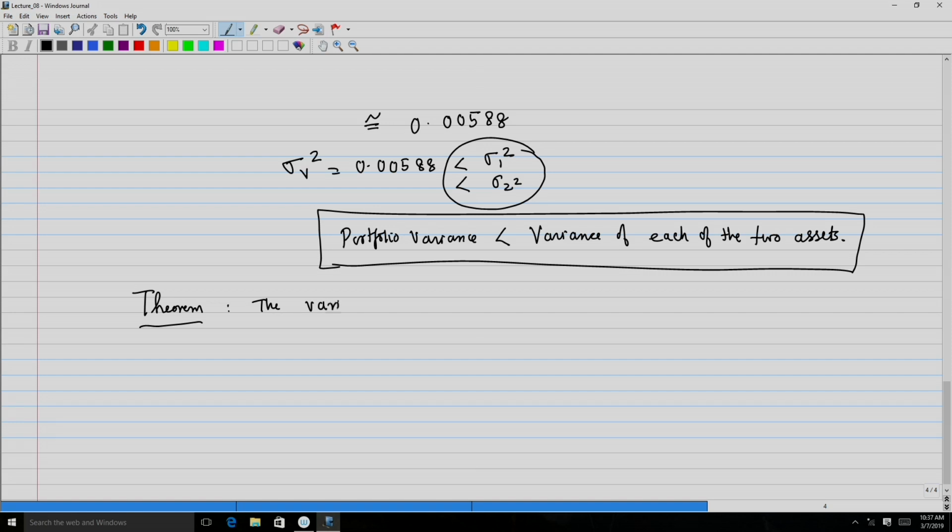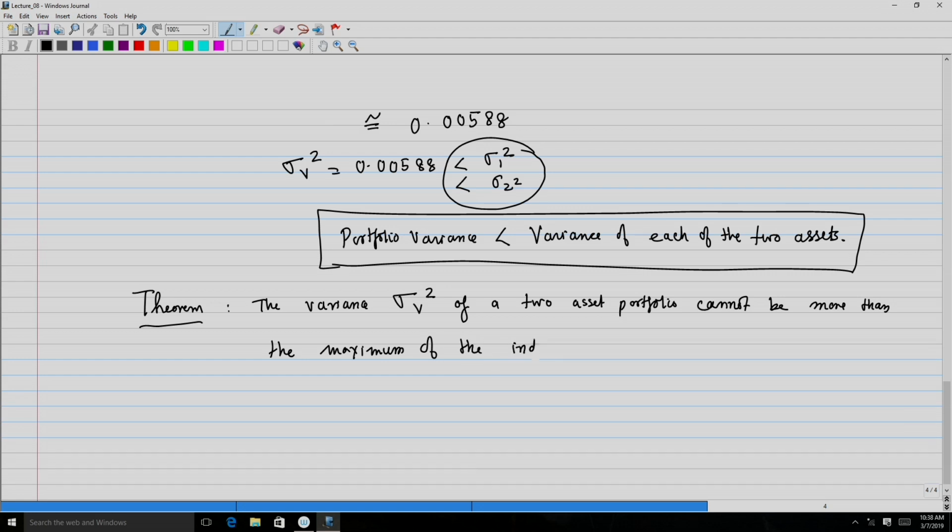the variance sigma v square of a two asset portfolio cannot be more than the maximum of the individual variances sigma 1 square and sigma 2 square.